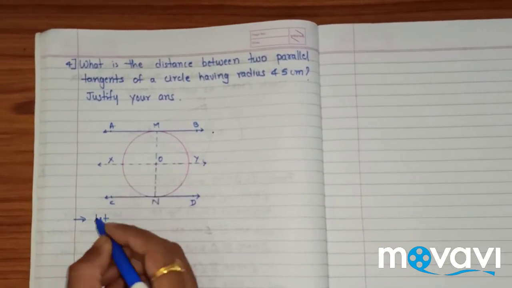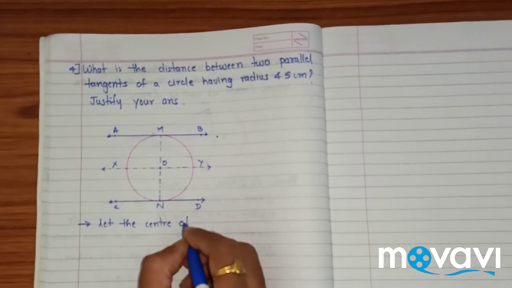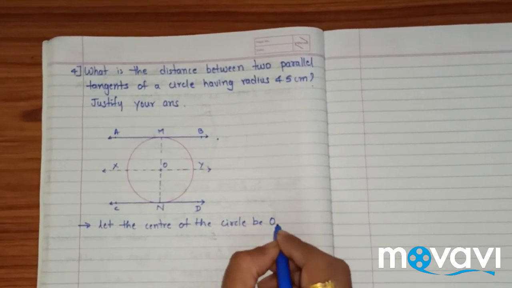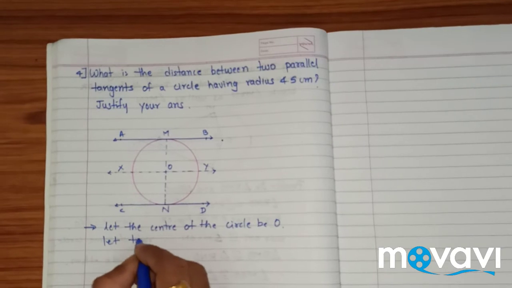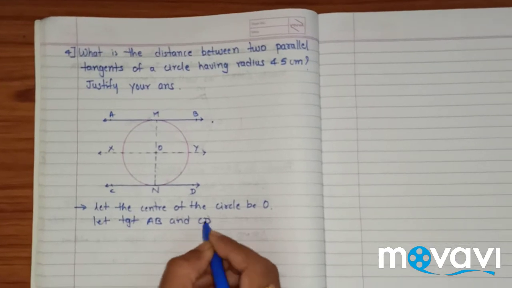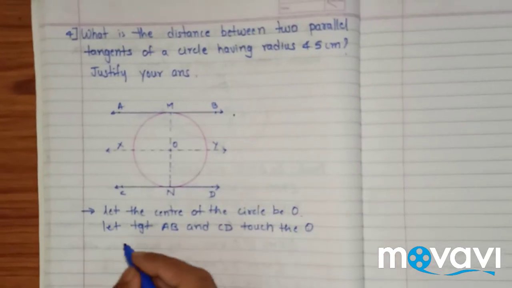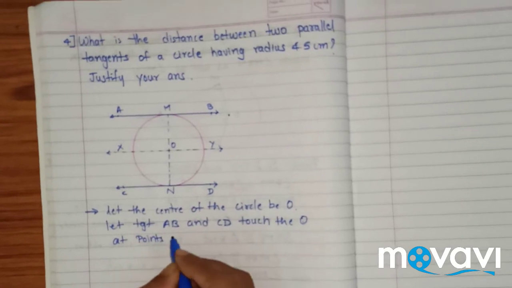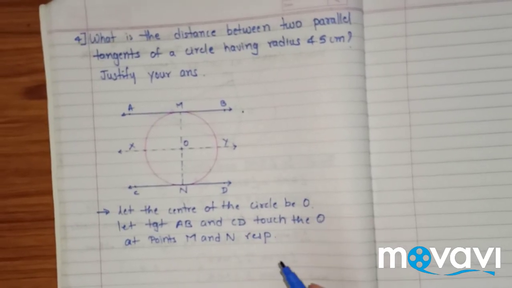Let the center of the circle that we are going to consider be O. Let tangents AB and CD touch the circle at points M and N respectively.